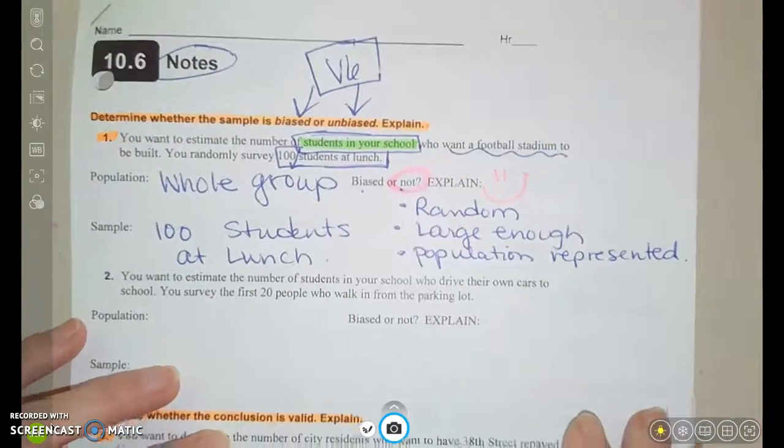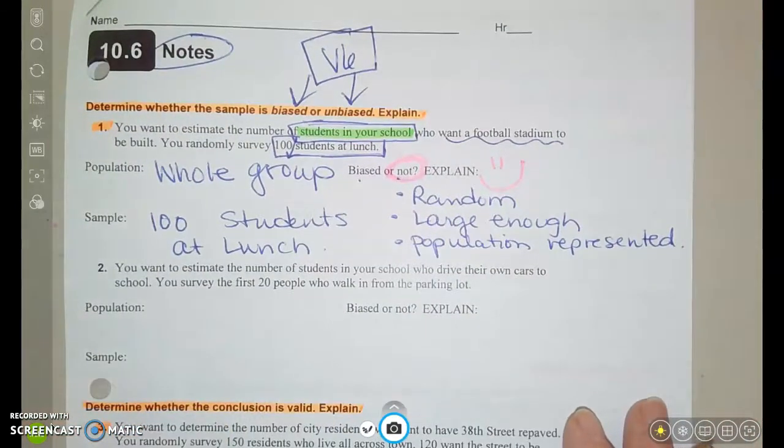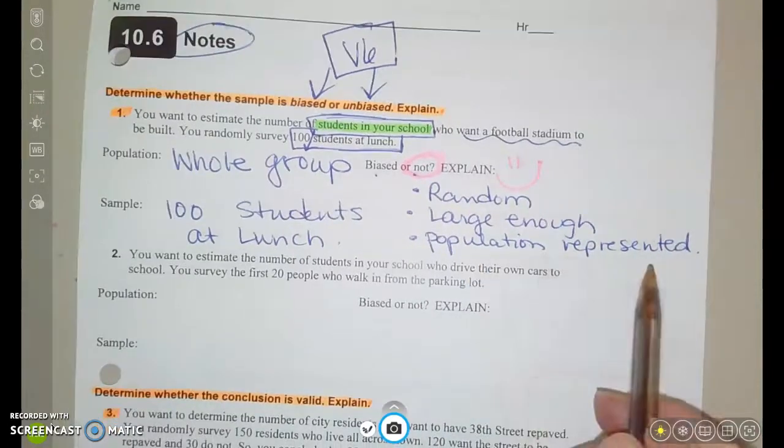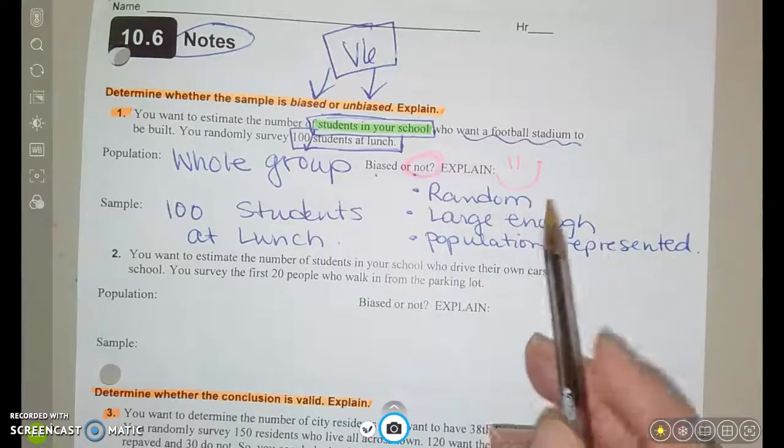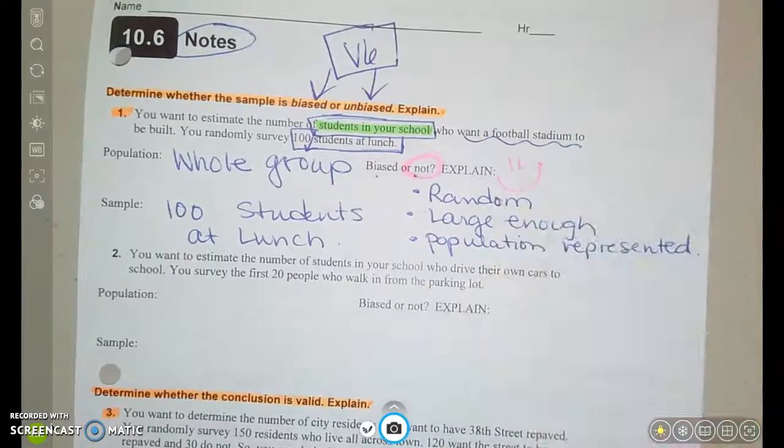Anyone from the whole school is equally likely to be selected at lunch, right? You're not just asking people in band class, or not just asking 8th graders, or not just asking 7th graders, right? The whole population is represented. It's a large enough group to get good data, and you're selecting people randomly, okay?